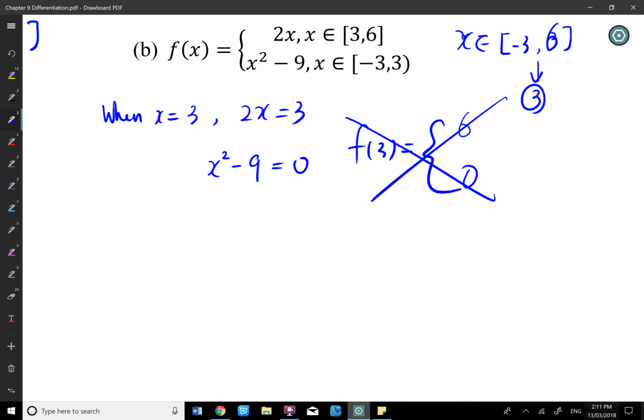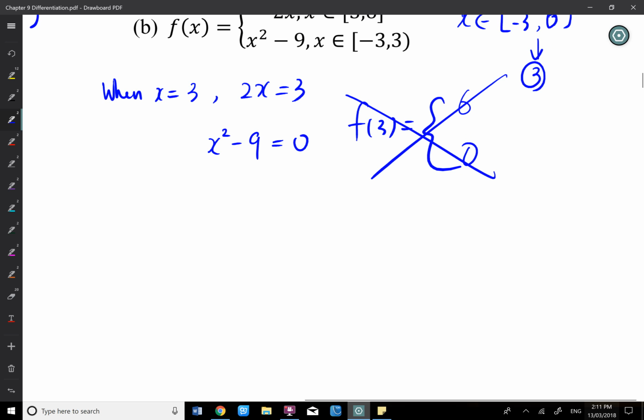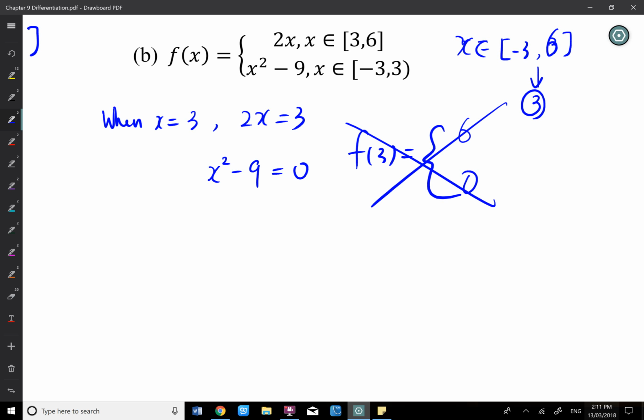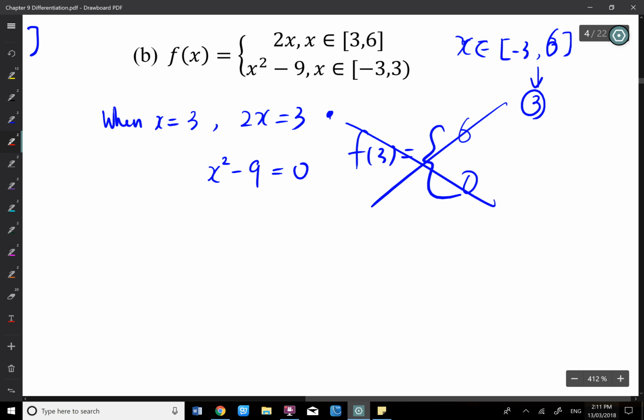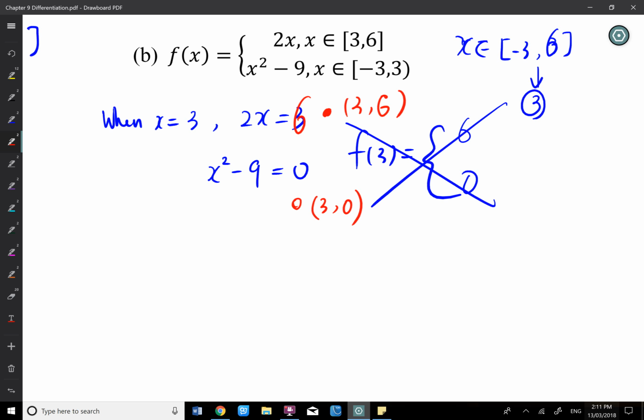No doubt. But like we can see, there's a closed circle for this one at (3, 6), that's a 6, not 3. And here is an open circle at (3, 0). You can see that's a jump.